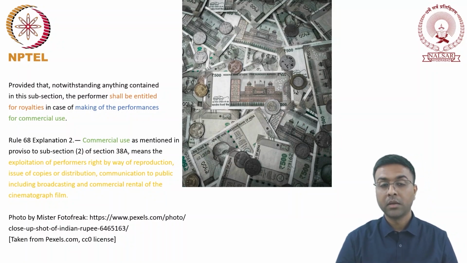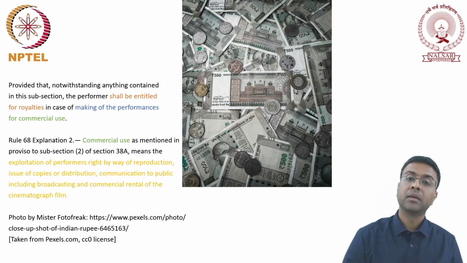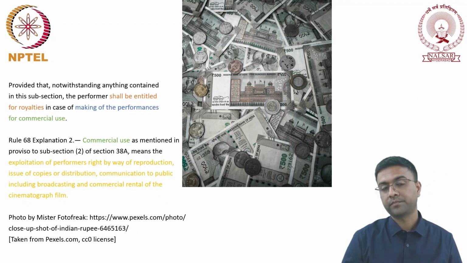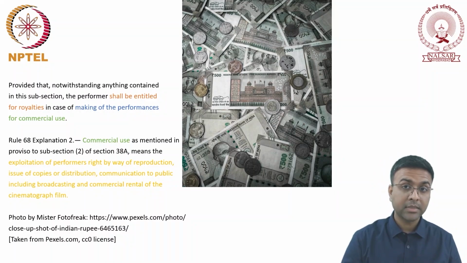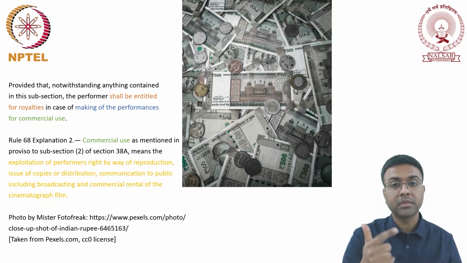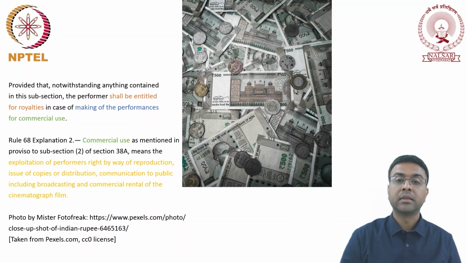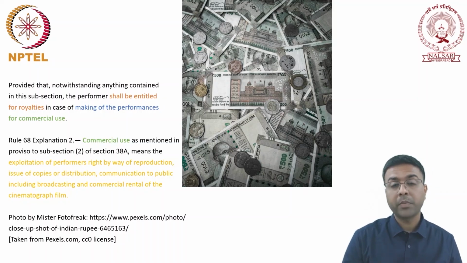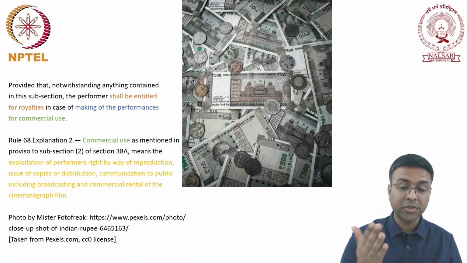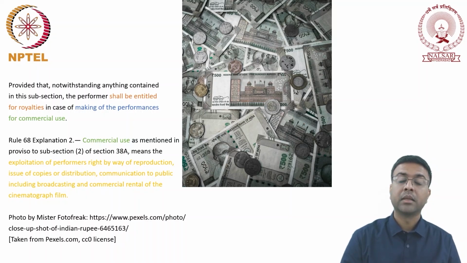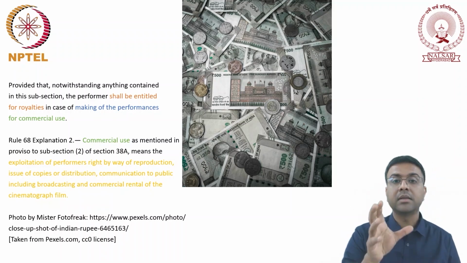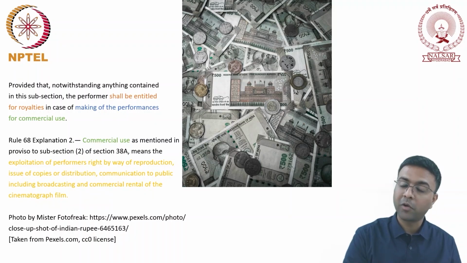What this provision is saying is that while the rights that are provided under 38A1, which we had discussed, reproduction right, issuance of copies, communication of performance, while these rights cannot be used by the performer to create an obstruction for the film, the revenue that is being generated by such use of the performance, from that revenue, a certain royalty must come to the performer.